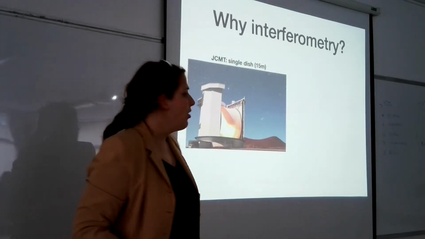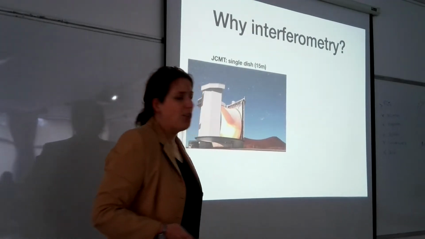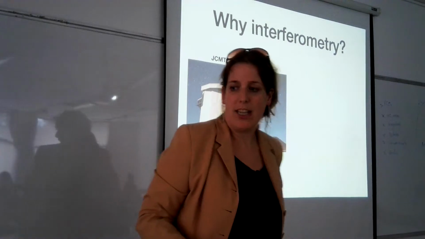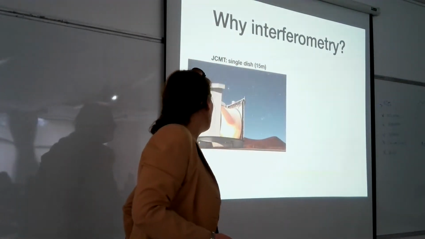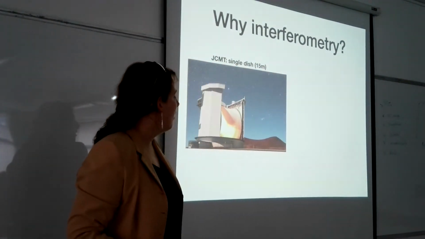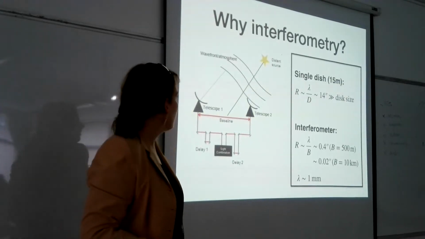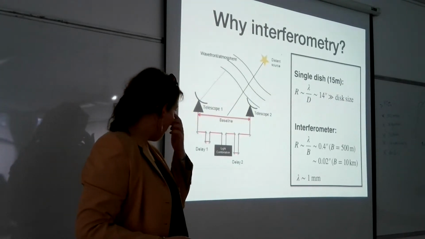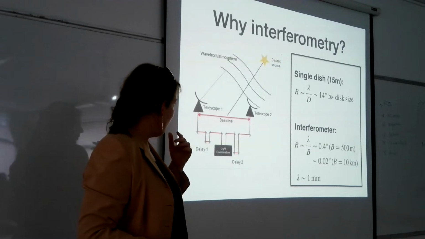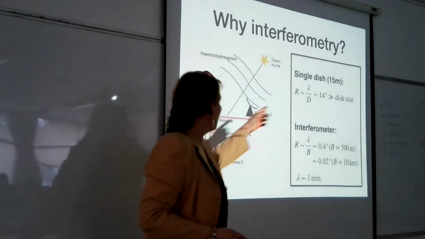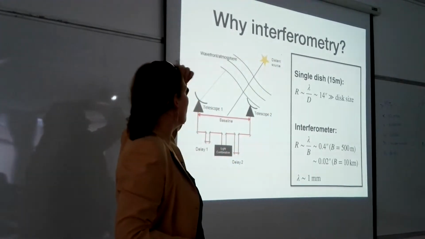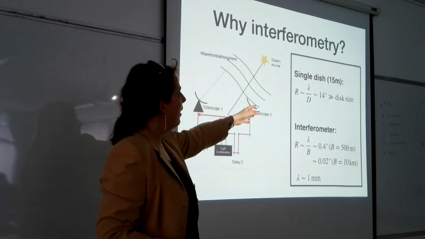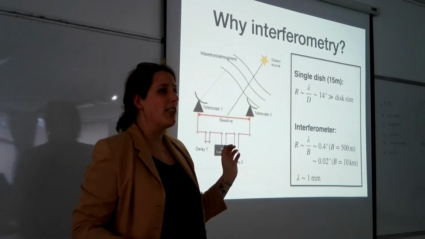Okay. So why do we want to use interferometry? Say that we have a single dish millimeter telescope, like the JCMT, with a 15-meter diameter. If you calculate the resolution for a single dish 15-meter telescope, you will get a resolution of about 14 arc seconds.